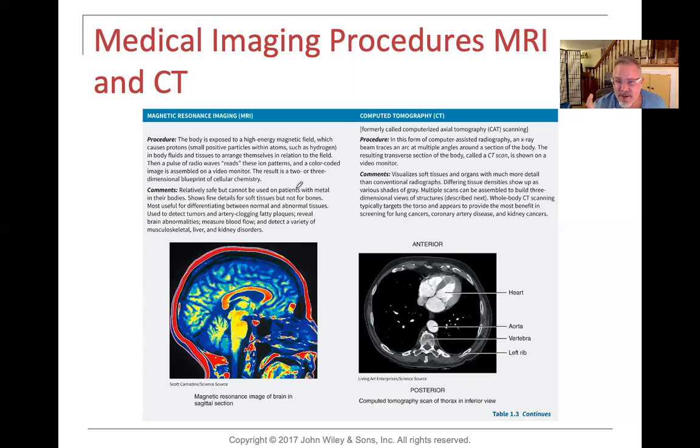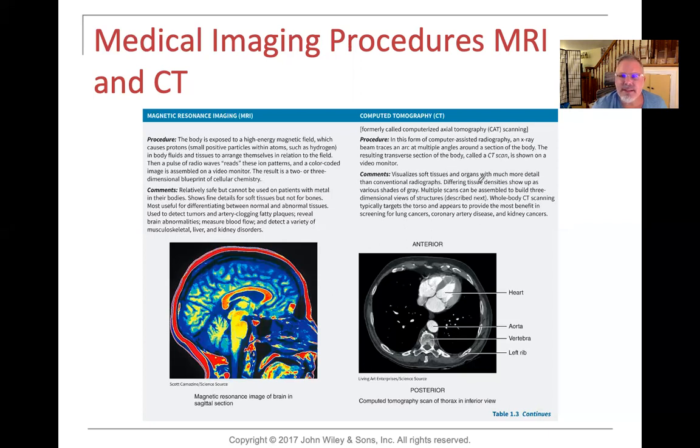And the pulse of the radio wave reads the ion patterns, and a color-coded image is going to be assembled through the monitor. It's pretty cool how an MRI works, usually for lots of soft tissue, okay? For brain, for spinal cord, for discs, really, really good.